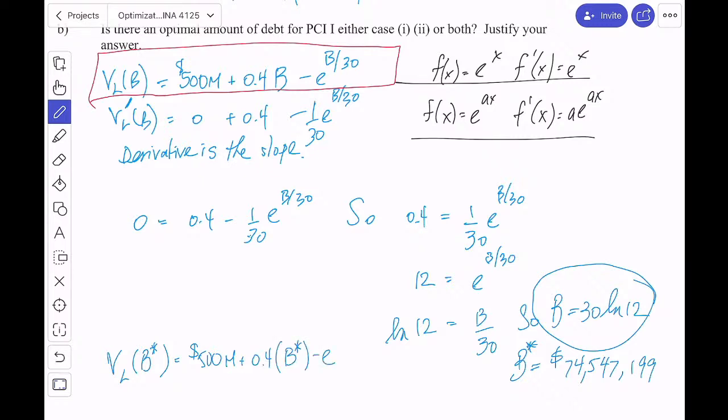And if it's easier, you can do this in Excel. So you have the equations laid out for you.